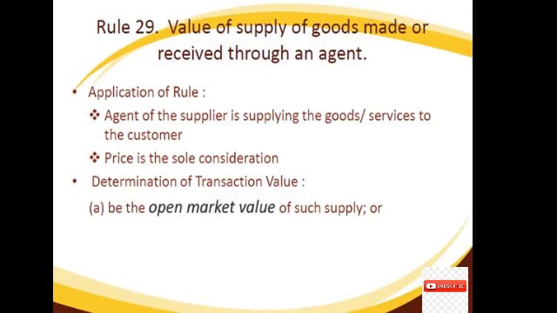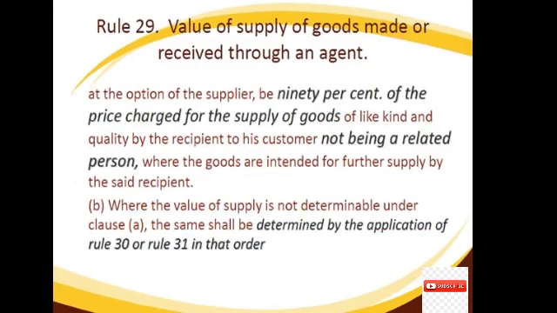But suppose the agent is purchasing the same commodity from some other seller and the open market value is available, then in that scenario, that value will be compared with rupees 4,500 and the lower figure will be taken into account. So, in this manner, Rule 29 works.